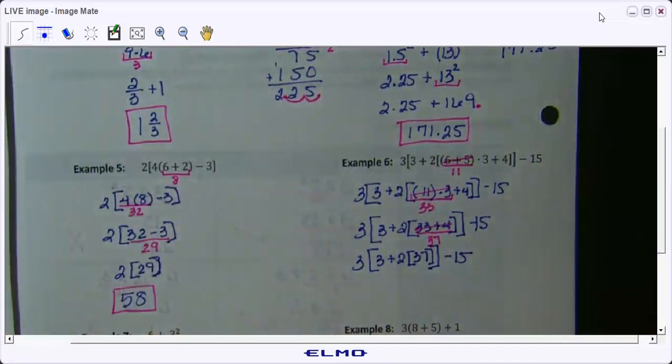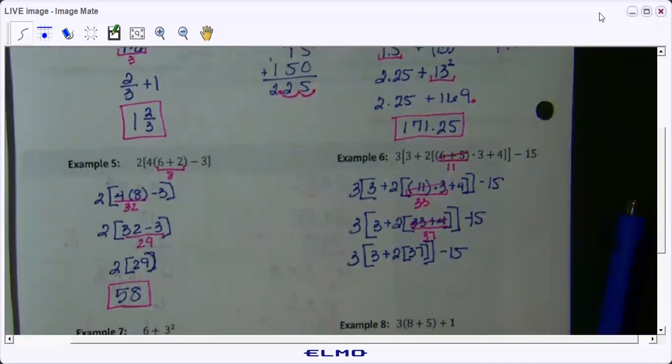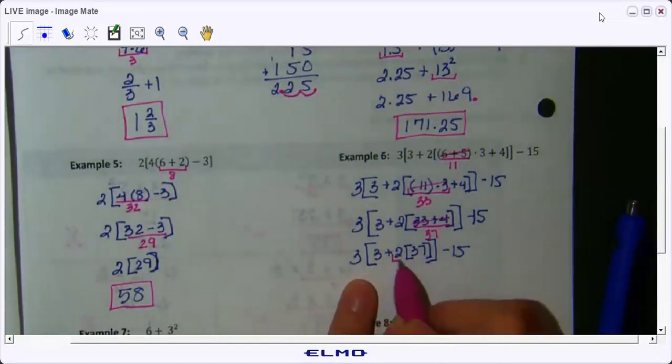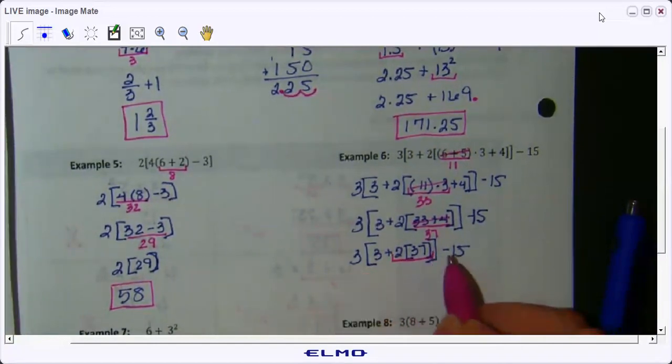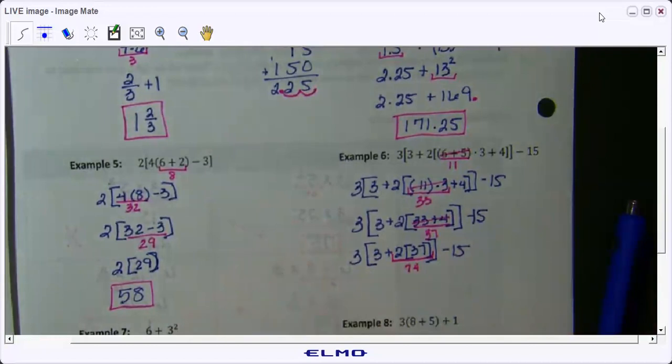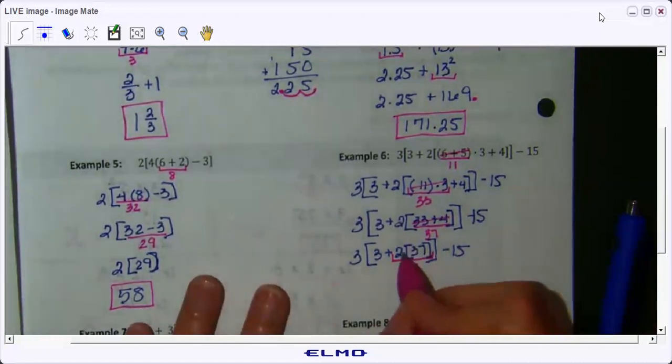At this point, you could put that 37 into a parenthesis if it makes more sense to you, but you don't have to. So now I'm really down to one bracket left, which is 3 plus 2 times 37. So I'm going to multiply 2 times 37 first. And I get 74. And I'm going to cross that off.